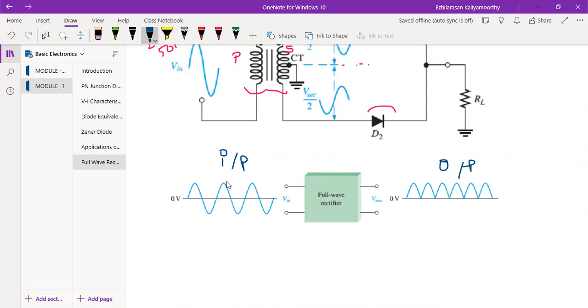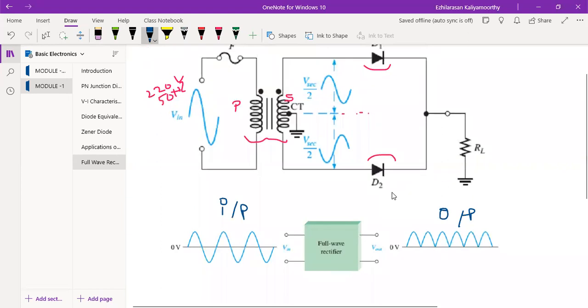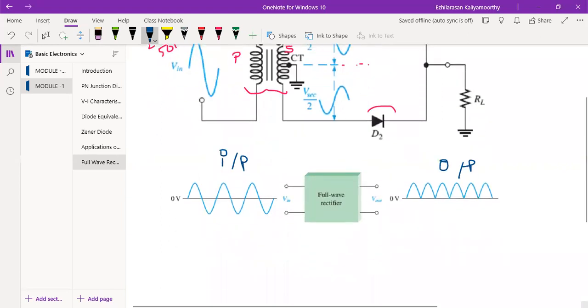The input is a complete cycle. When you pass this input signal to the full wave rectifier, we get a continuous full wave: during the positive cycle I get the output, and during the negative cycle also I get the output. Now let us see how it is working.